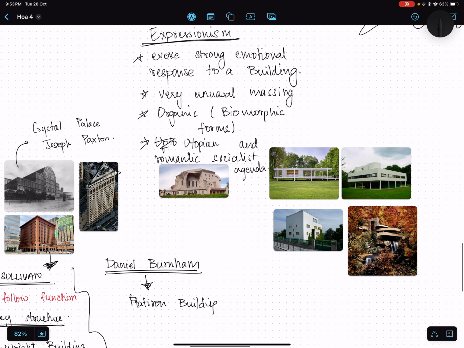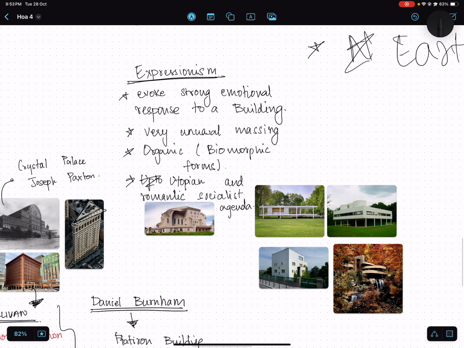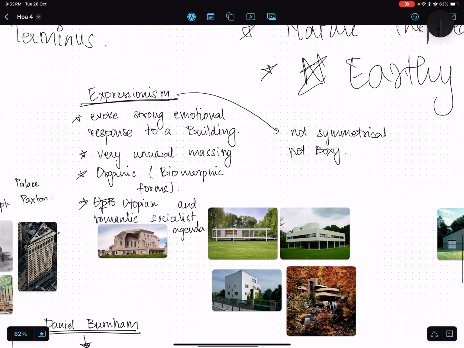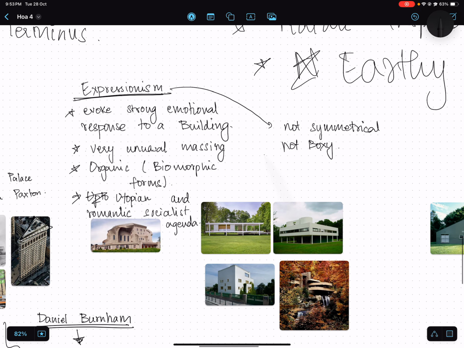So the simplest way that I could explain Expressionism is by what it is not. It is not symmetrical in any way, so it does not follow symmetry. It is not boxy. It had a very organic shape, and it had a lot of dramatic forms.